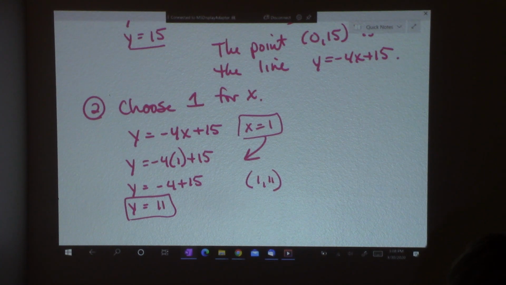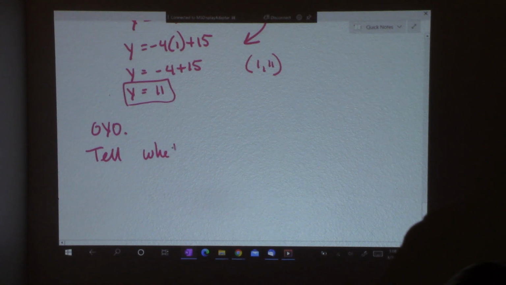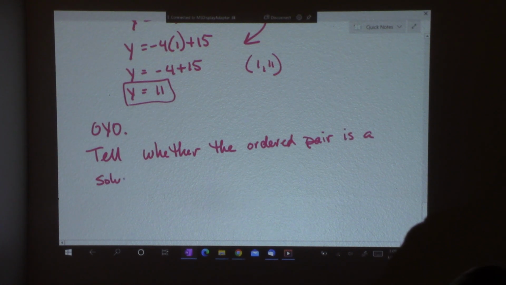Now I want you to do a couple of problems. So here's some for you. Tell whether the ordered pair is a solution of the equation.